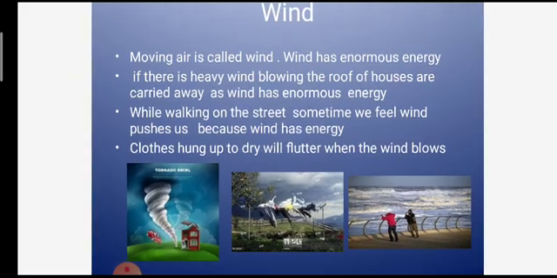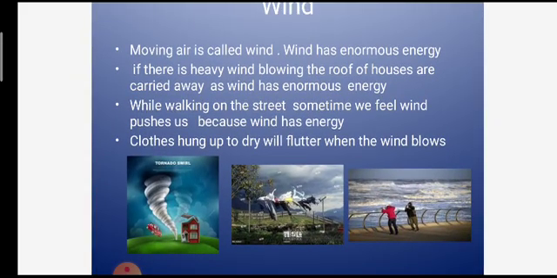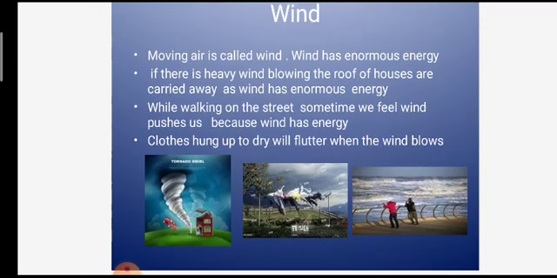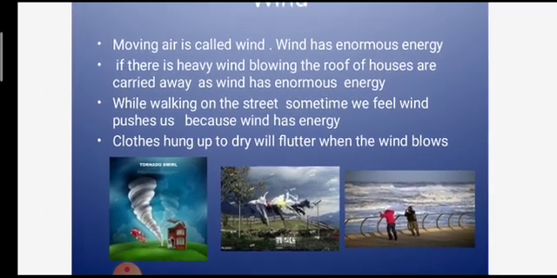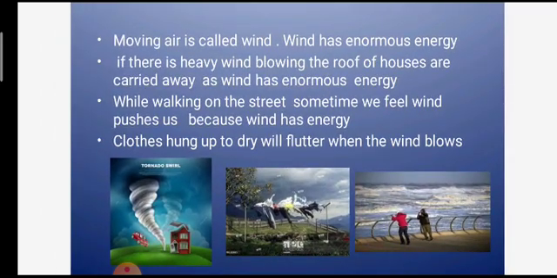See, I'll give you some examples. When there is a heavy wind blowing, the roof of the house can be carried away. That is, it has enormous energy. Due to the high rate of energy present in the wind, what happens? It carries all the things.